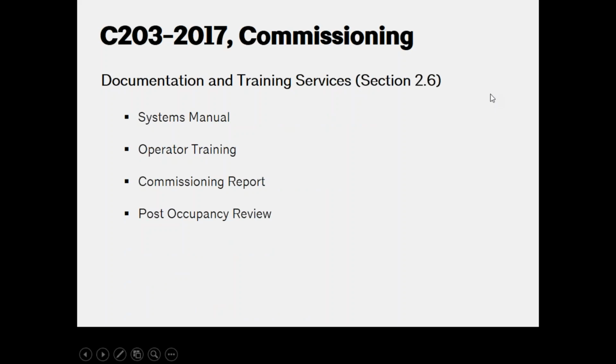Lastly, the C-203 has a phase of services for documentation and training, and that includes responsibilities of the commissioning provider to create a systems manual and to assist in operator training, as well as to create a commissioning report of all of the commissioning activities that have taken place.